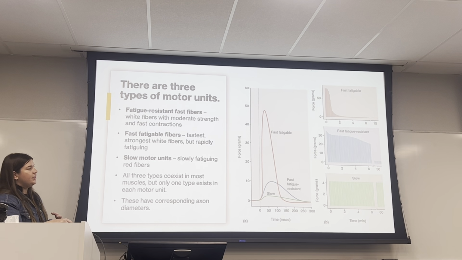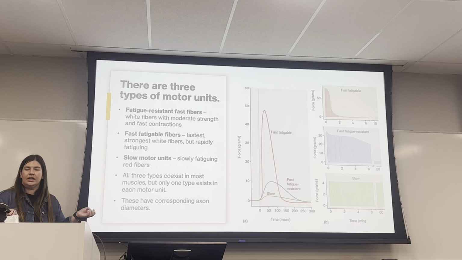You can see that these motor units don't generate a ton of force. We're here from 0 to 4 grams, compared to up here where we're going to get towards 50. So they don't generate as much force, and they're a bit slower to contract. But because they have all the mitochondria and those additional enzymes present, they fatigue slowly.